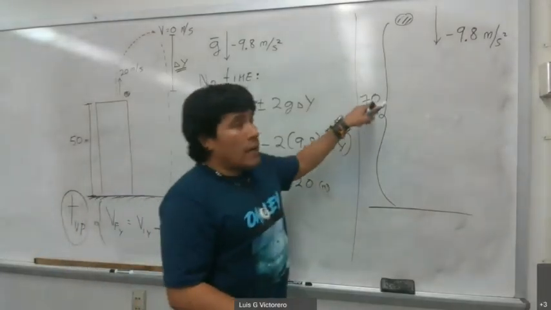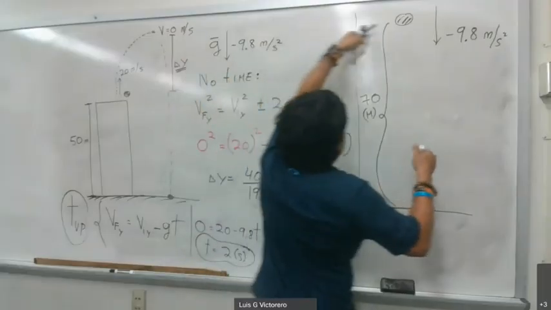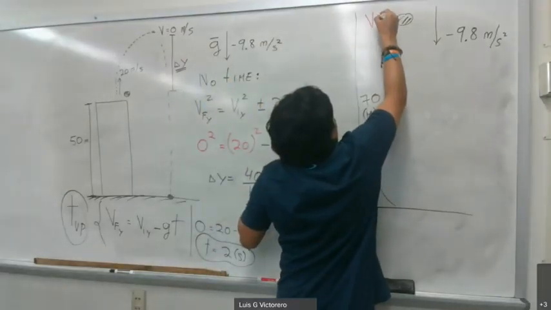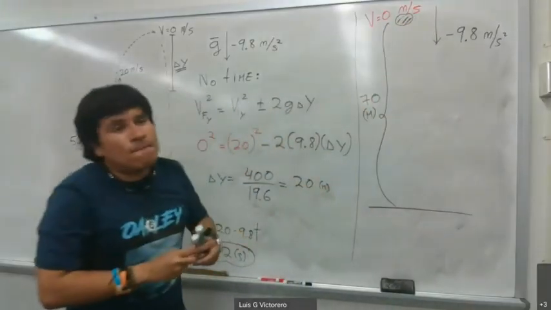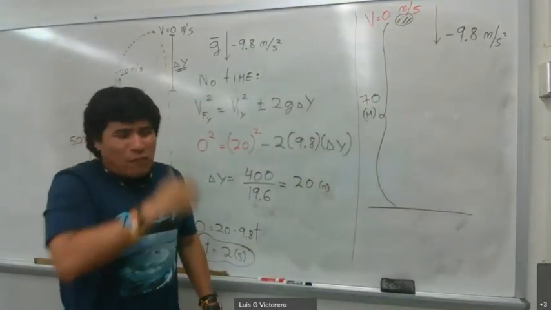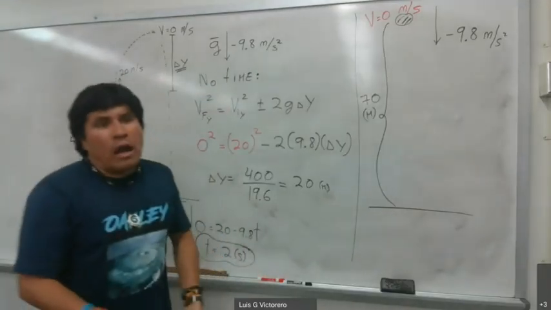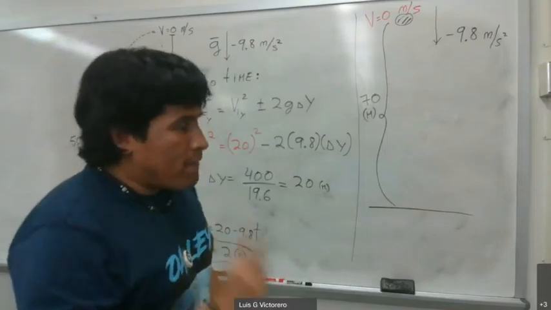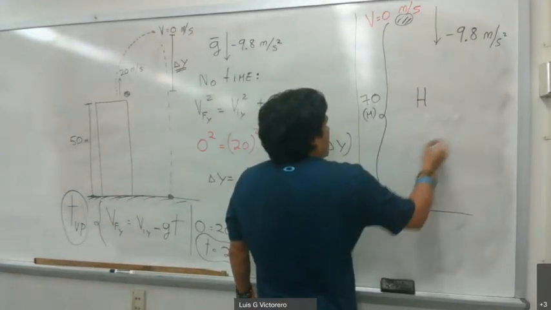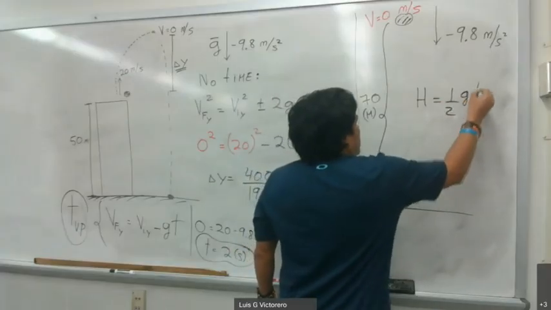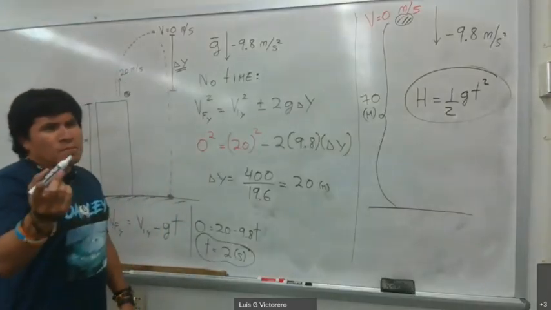Now, I have the height. You guys told me already that this is 0. So you know what? This becomes a free-falling motion. Free-falling motion is when you let go of a mass or anything. In a free fall motion, the height is always equal to 1/2 gt squared, because the initial speed is 0.